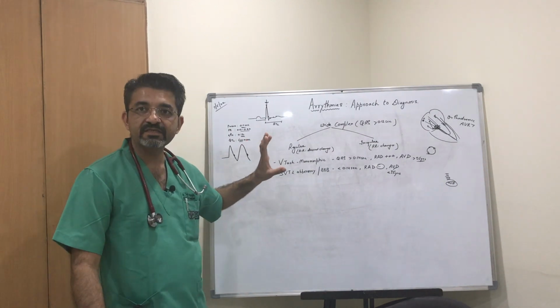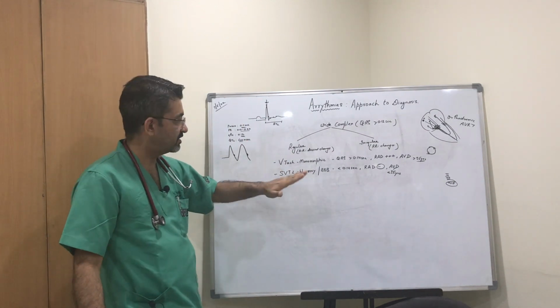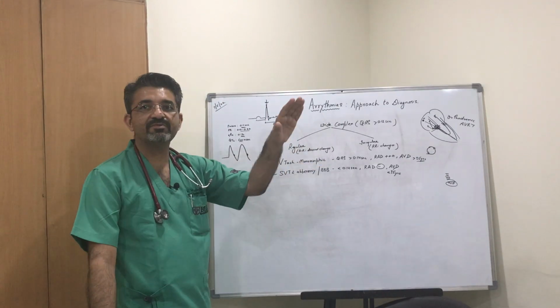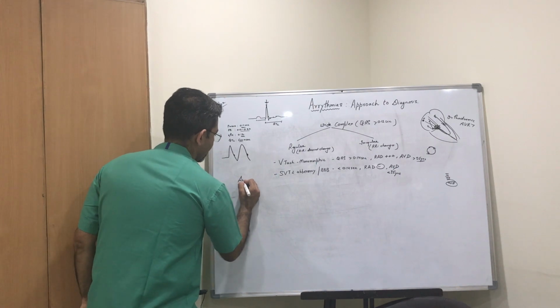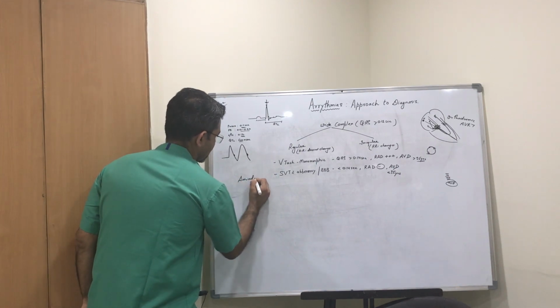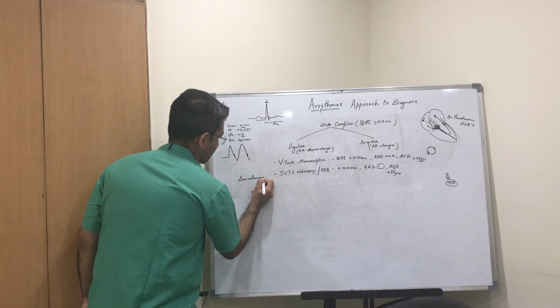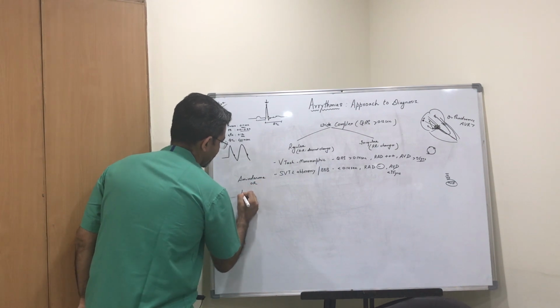Now, how to treat? Suppose you have a stable patient of monomorphic VTach in your emergency. The drug of choice is amiodarone or procainamide.